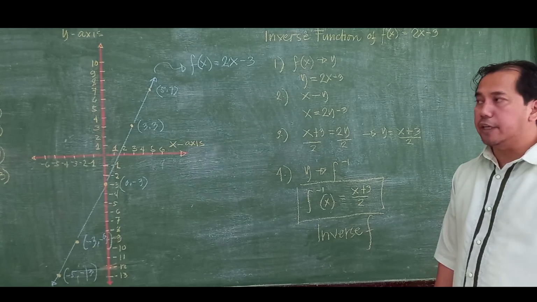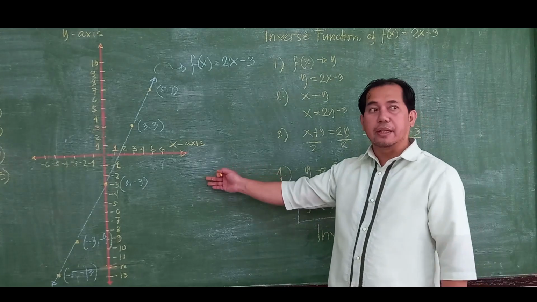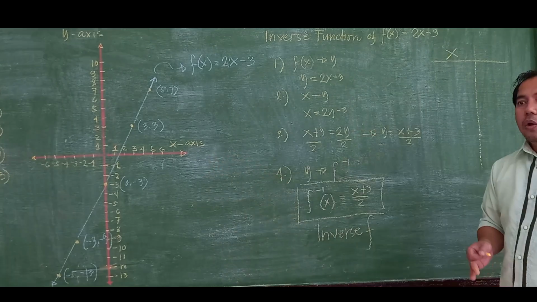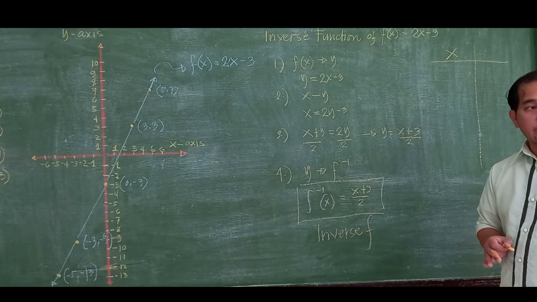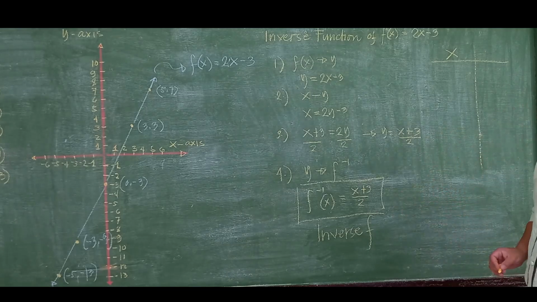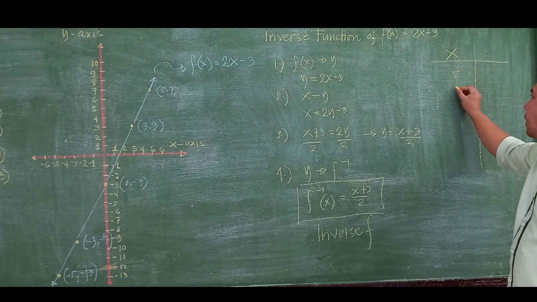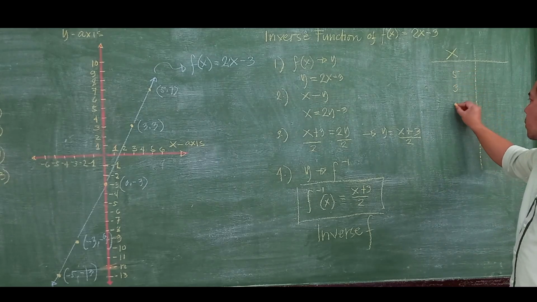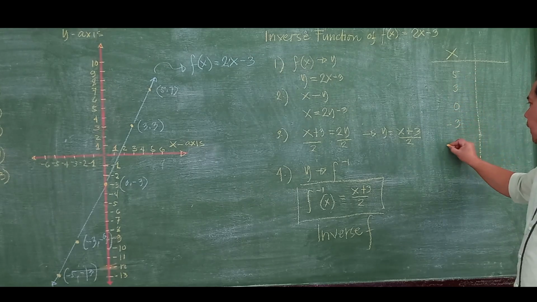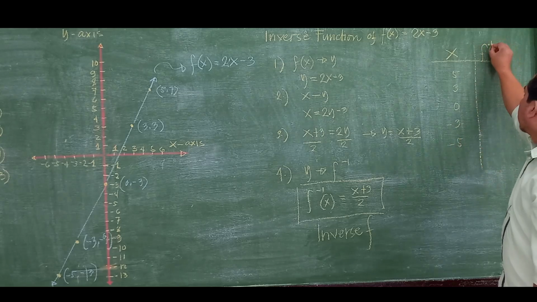Again, after having the inverse function, we will plot them again. Would it be the same with the original graph? Now let's try to see if that is the same. We make use of just the same values of x: 5, 3, 0, negative 3, negative 5. Now, what will be the inverse?